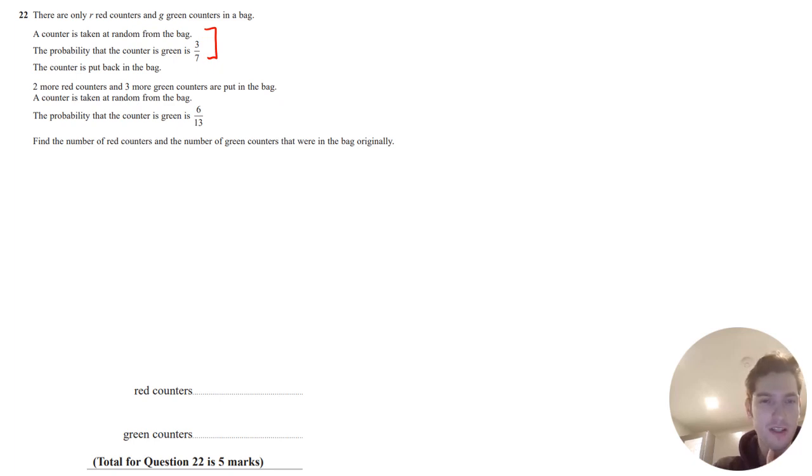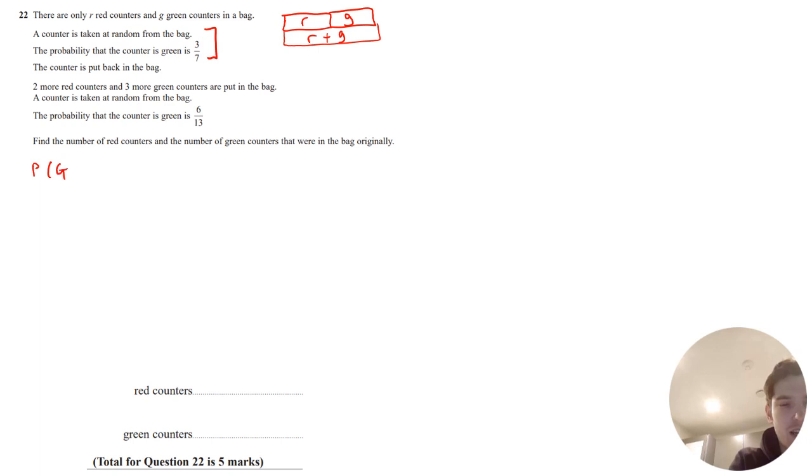The probability that the counter is green is 3/7. Now, at the start, let's think about the probability of taking a green counter. I've got, in total, R red counters and G green counters, so in total, I've got R plus G. Can I write an expression for the probability of taking a green, in terms of R and G?